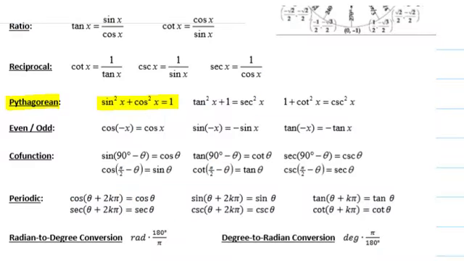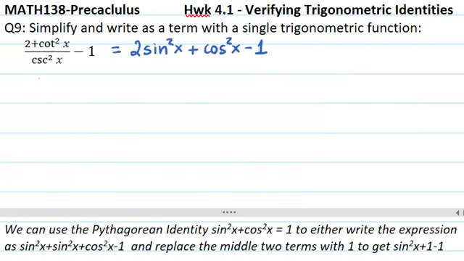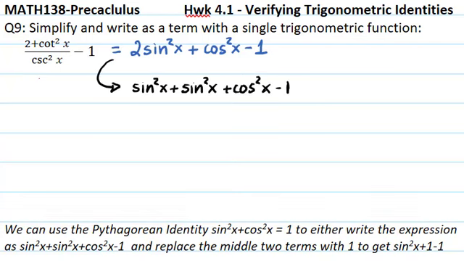We can use the Pythagorean identity, sine squared of x plus cosine squared of x equals 1, to either write the expression as sine squared plus sine squared plus cosine squared of x minus 1, and replace the two last terms with a 1. Sine squared of x plus 1 minus 1.